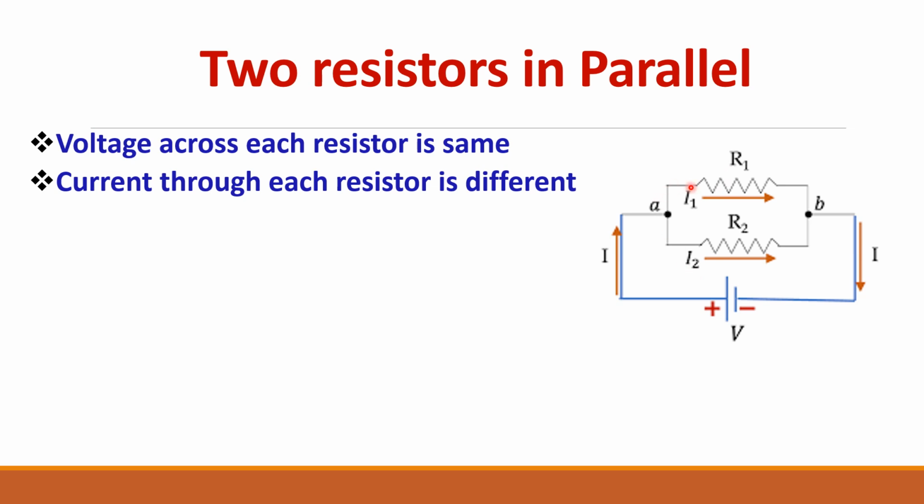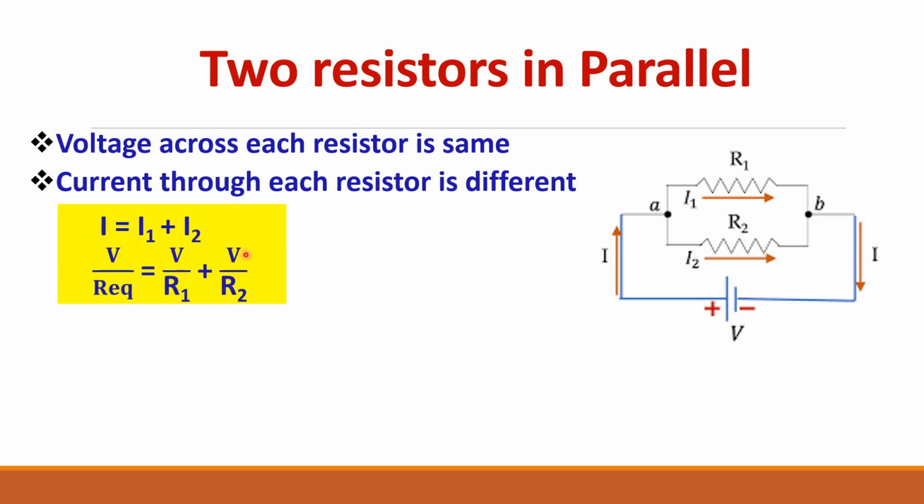How it gets divided depends upon the current division rule, which we will see. So the total current I is equal to I1 plus I2. I is V divided by R equivalent. I1: the voltage is the same, so V divided by R1, and for I2 I can write V divided by R2.